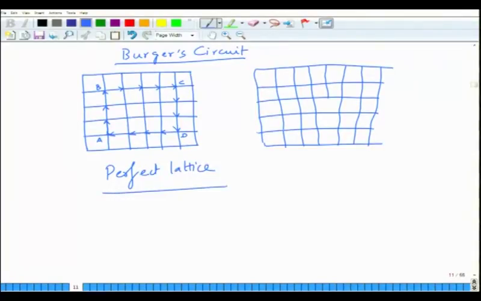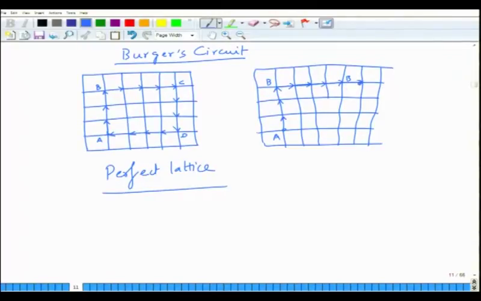In an imperfect lattice, you again start from point A, go one step up, another step, reach point B: 1 step, 2, 3, 4 steps. This is point B, you had 4 steps.